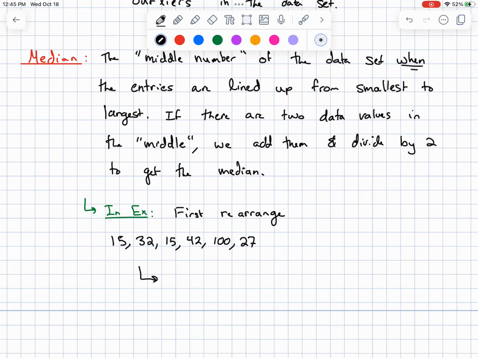I look through the whole numbers to find the smallest number, and that would be 15. And then 15 again. So that gets those ones, and then 27. Then 32. Then 42. Then 100. That's the data set reorganized.